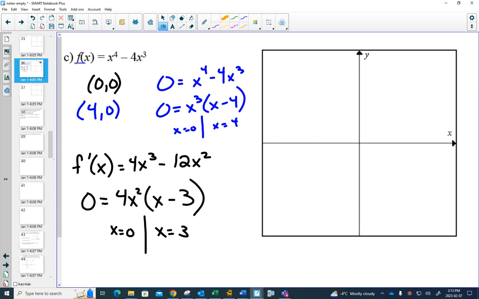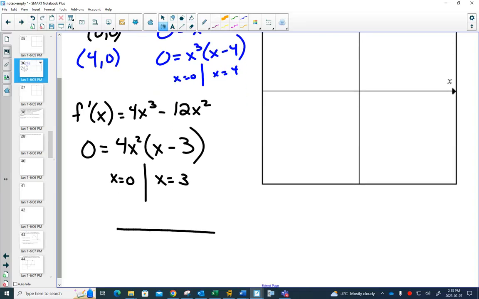And so we get x equals 0 and x equals 3 as critical points. Those critical points, we put on a number line for a derivative, 0 first, then 3, and we check values in our derivative to find out where it's positive and where it's negative.